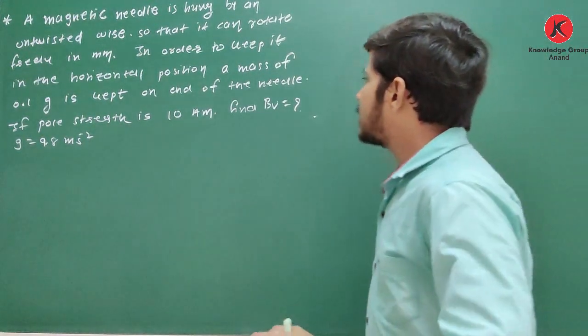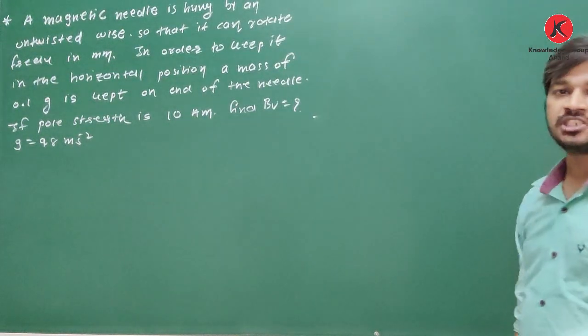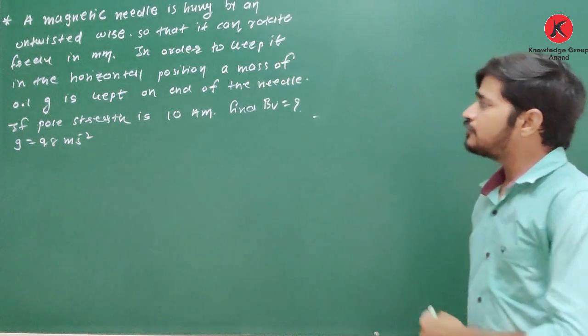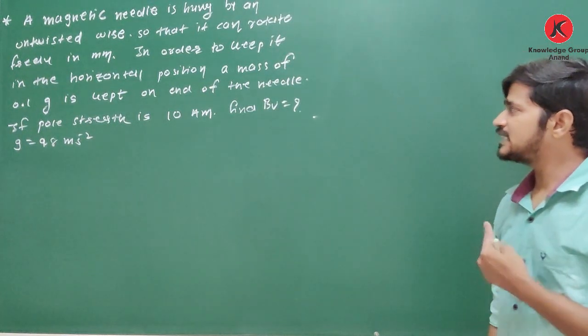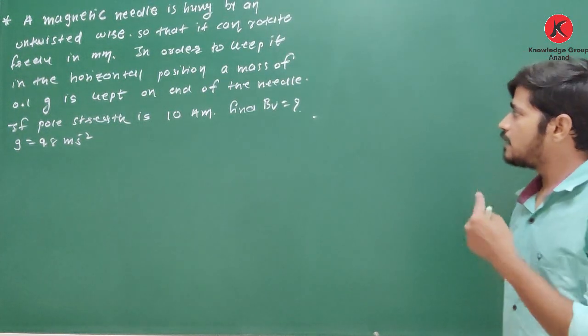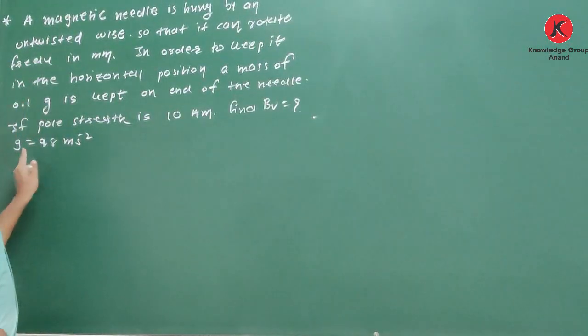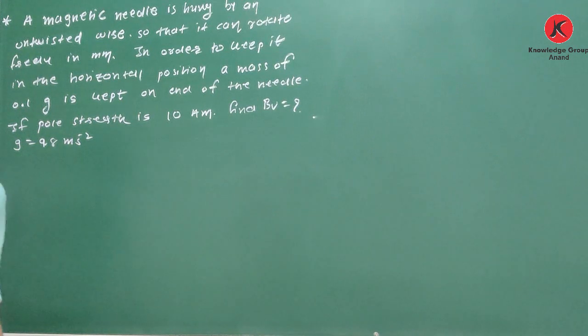In order to keep it in the horizontal position, a mass of 0.1 gram is kept on one end of the needle. If the pole strength is 10 ampere meter, then find the vertical component of Earth's magnetic field. Take g as 9.8 meter per second square.